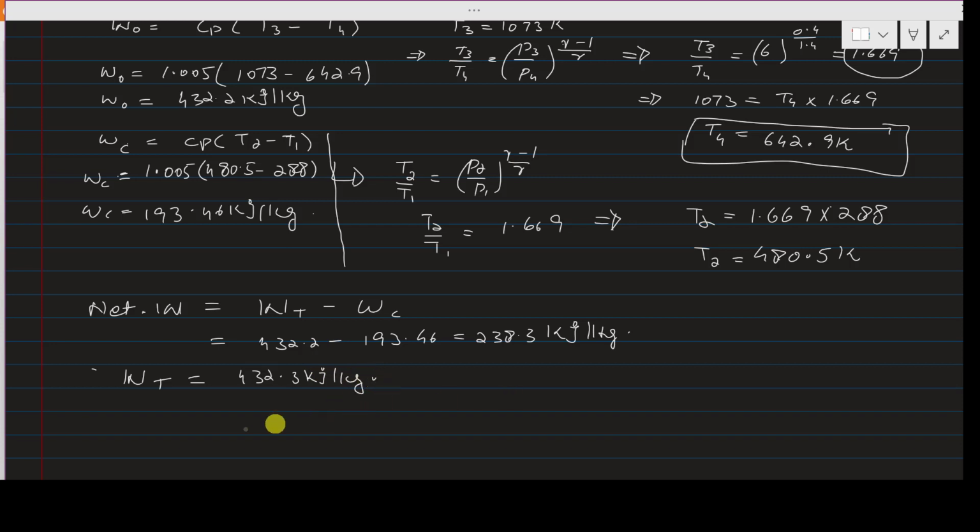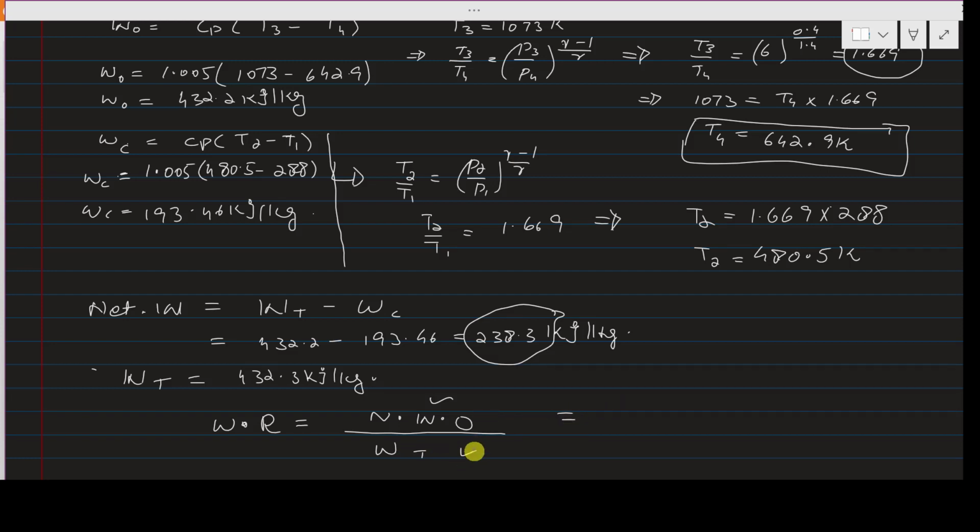Now, to find the work ratio, all the things have been calculated. The work ratio is the net work output over the work output of the turbine, which we also call the gross work.